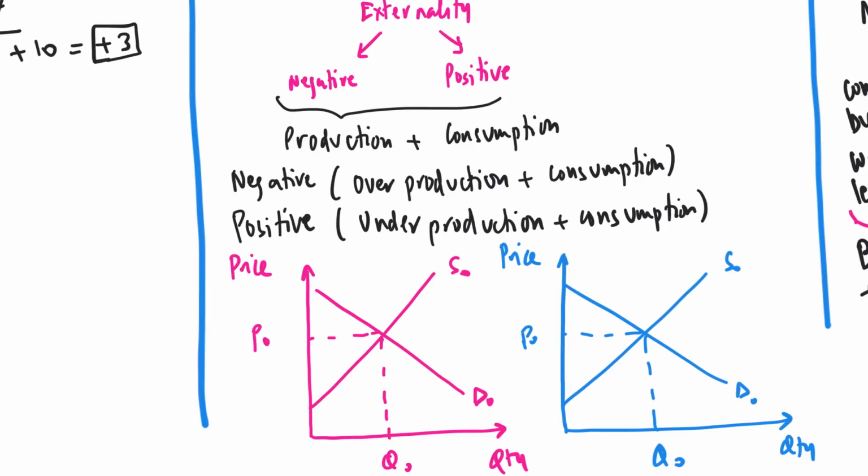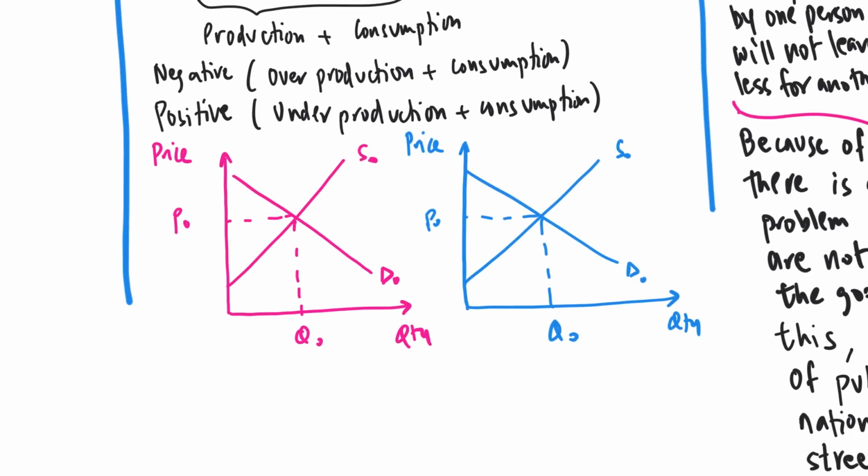So I have two diagrams here. I'm going to make two cases of market failure. The first market failure would be, let's say, production externality. If the production of a good causes an externality, let's say the producer is dumping waste in the river, then the marginal cost, supply is right now S0, but supply should be S dash because the producer is polluting the river, which means the quantity should ideally be Q1.